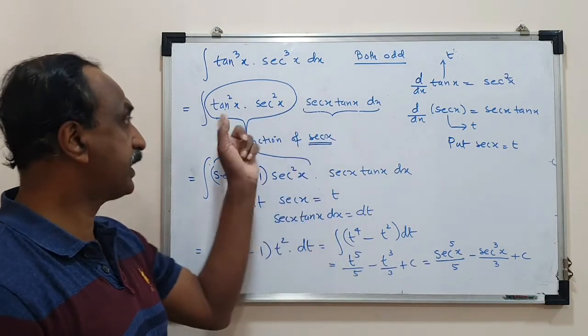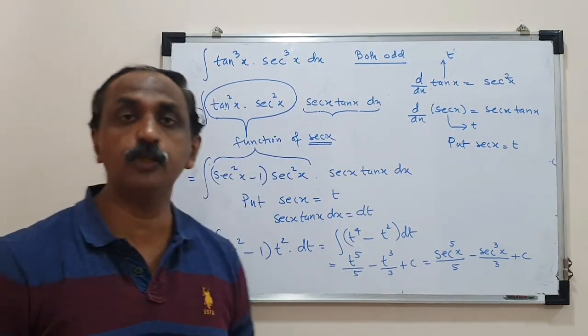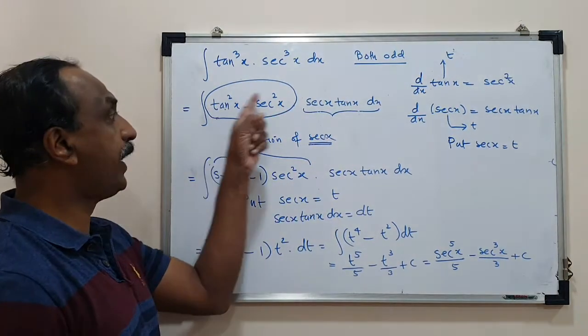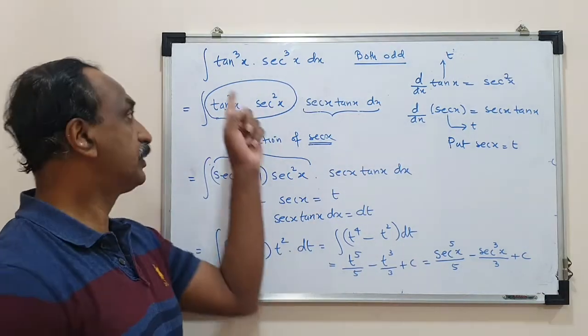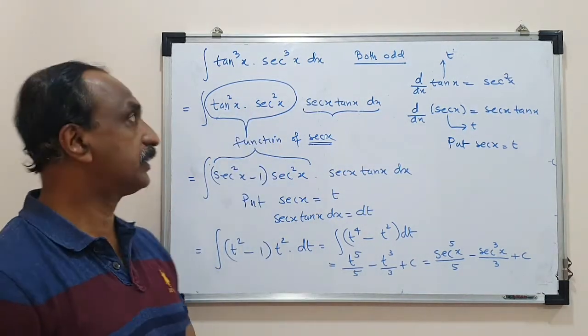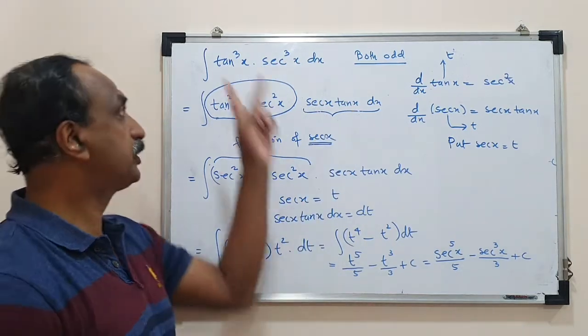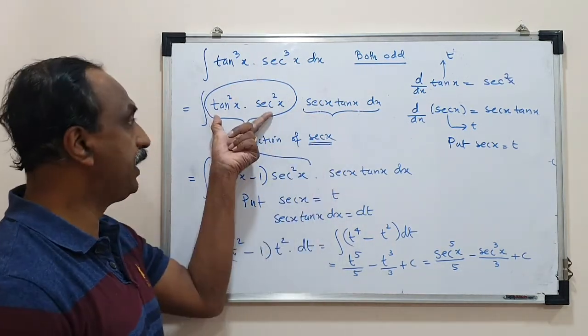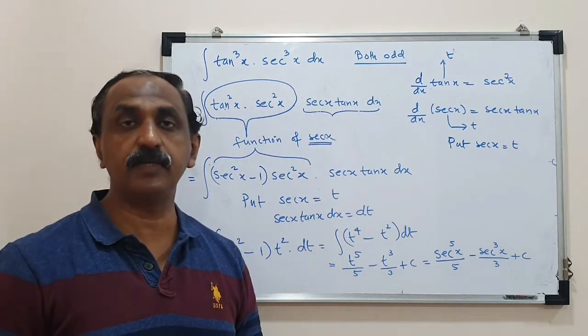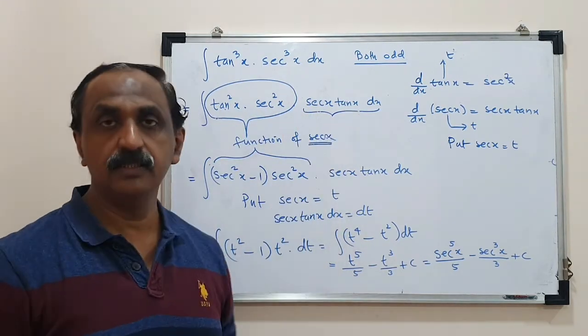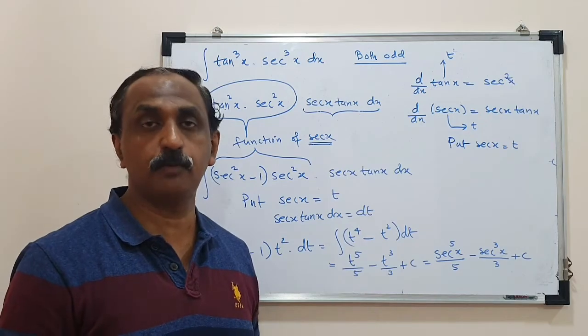If I have to put sec x as t, the remaining terms should be converted to sec x. If it is a square, I can convert it. If it is an odd power here, I cannot convert it. So first and foremost, change odd powers by splitting so that the remainder is even and this becomes the derivative. If it can be done that way, only then is the integral possible in such problems.